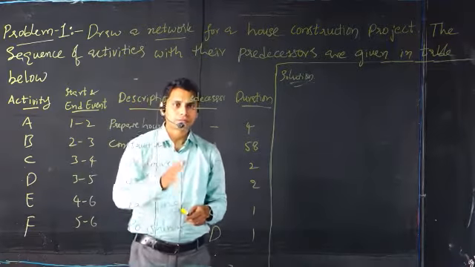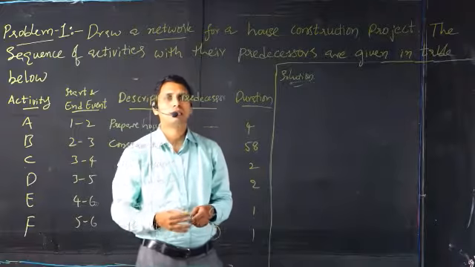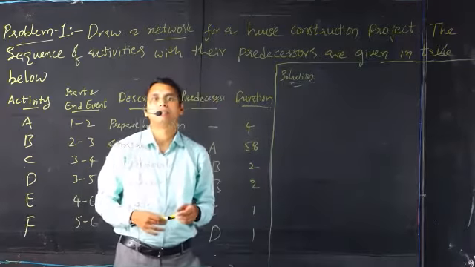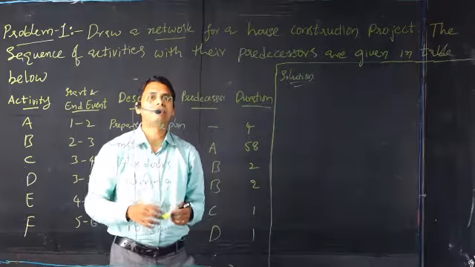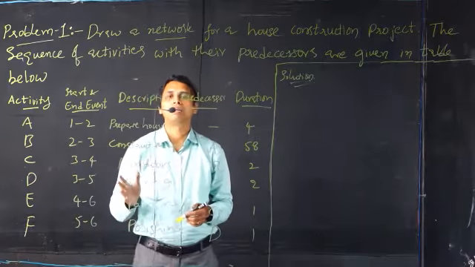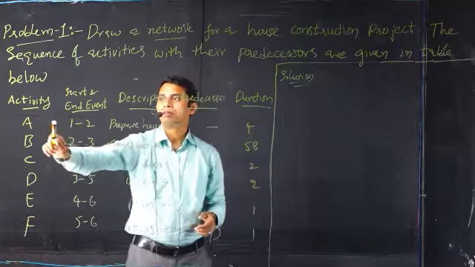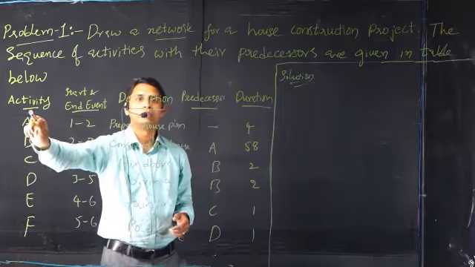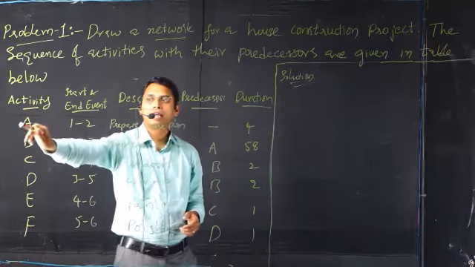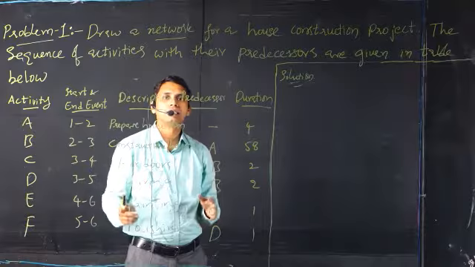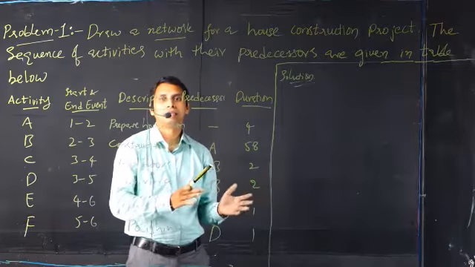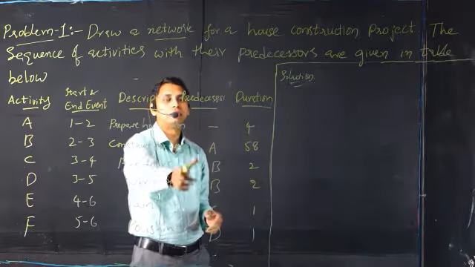And then predecessor. A predecessor is the activity that has to happen before a particular activity. For example, A is the activity to be completed. For A to be completed, is there any activity to be completed before it? That is what is indicated in the predecessor.